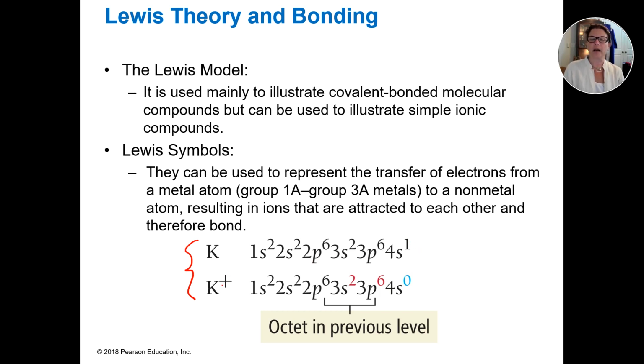When it becomes an ion and it becomes K+1, it loses one valence electron. And so now this becomes its electron configuration, and in its next highest orbital pathway, there's a total of 8 valence electrons.